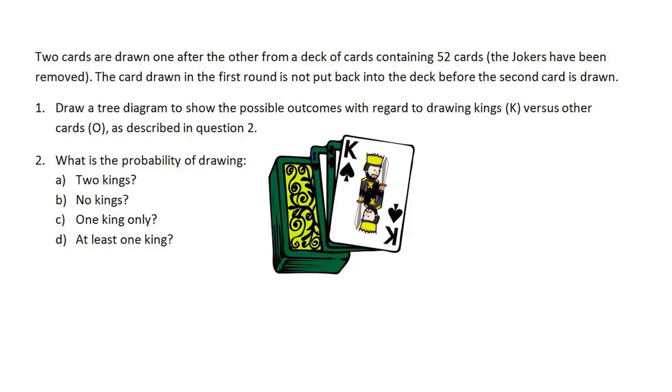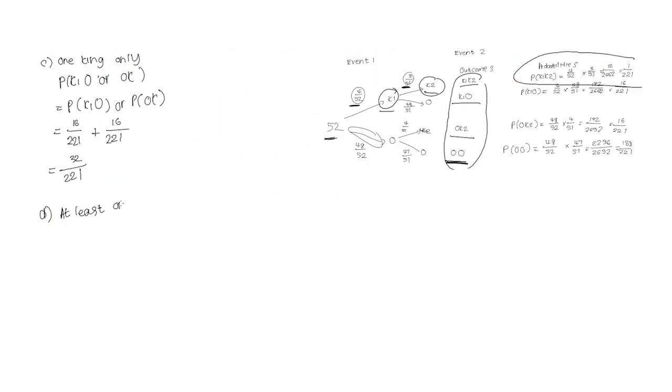The last question asks us the probability of drawing at least one king. If we look at the outcome column of our probability tree, we see that outcomes 1, 2, and 3 give us a probability of obtaining at least one king. Since these events are mutually exclusive, we add the probabilities of each of the individual events.